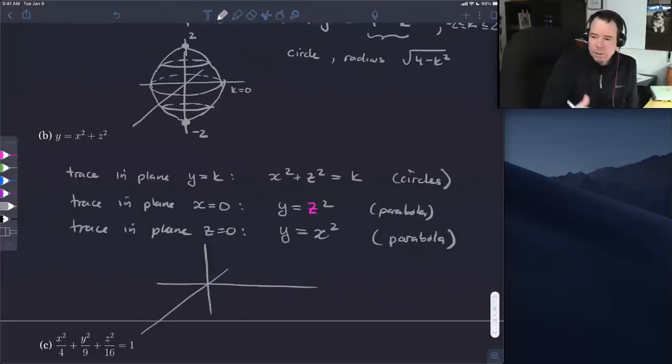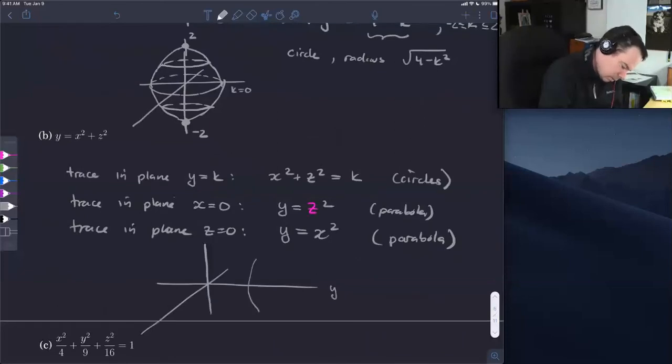As I move along the y direction, I get circles. And they're shrinking as I get closer to the origin. But if I look along the x equals 0 plane, I get this parabola. And if I look along the z equals 0 plane, so the horizontal plane, I also get a parabola.